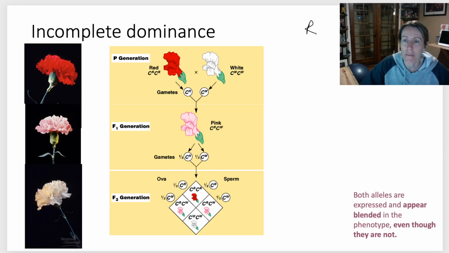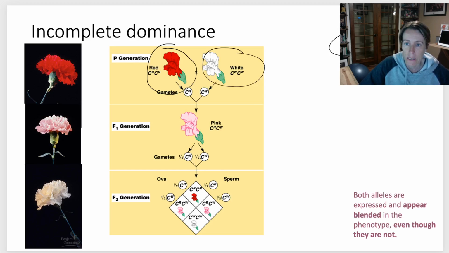All right. But if you look at how I wrote those, I used uppercase for them both. There wasn't an uppercase and lowercase one. So in this example, we're going to take a true breeding red flowered plant. So that's going to be color red, and we're going to breed it with a true breeding white. So color white.